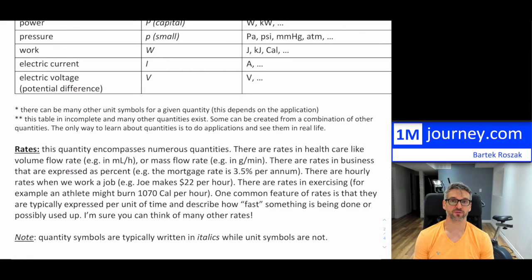For instance, if you're making $22 an hour, well, that just tells you that every hour you're going to be making $22 as long as you're obviously working. If a patient is receiving, let's say, 10 milliliters in an hour, that's how much volume would flow out in an hour. So rates are typically, not all the time, but most of the time, related towards time in some way.